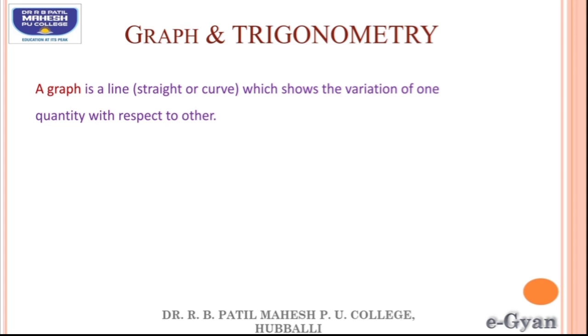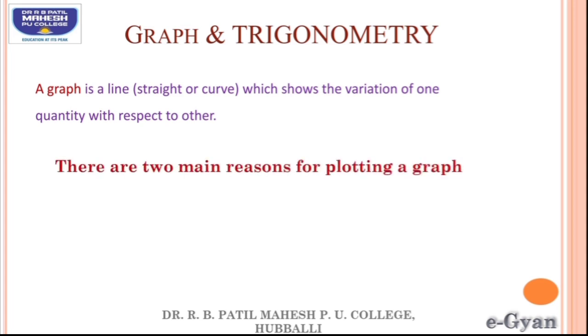Students, you may get the question why we need to plot a graph, or what is the necessity of plotting a graph. Graph in physics is a very powerful method of presenting information, and it is easier to read and interpret the information. There are two main reasons for plotting a graph.